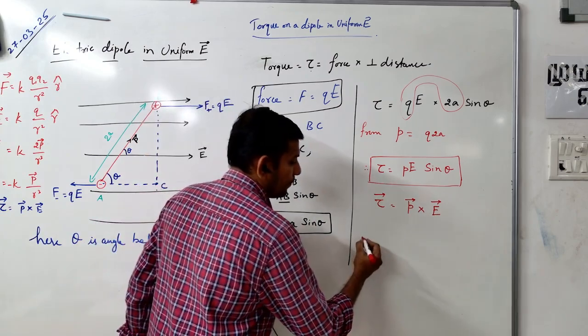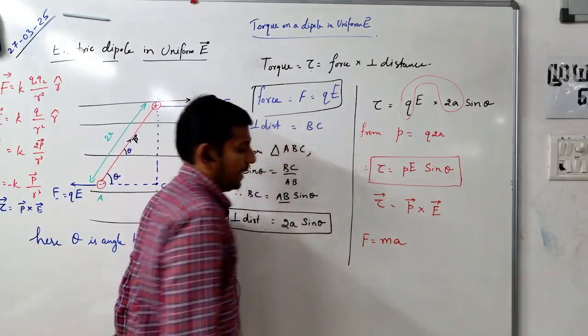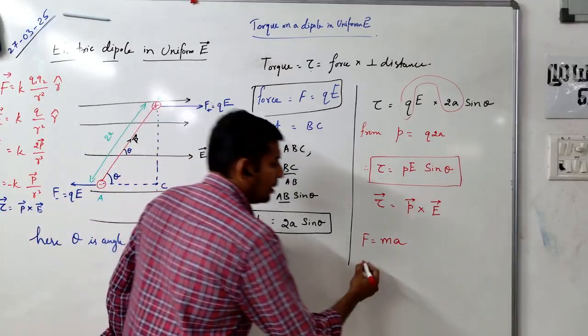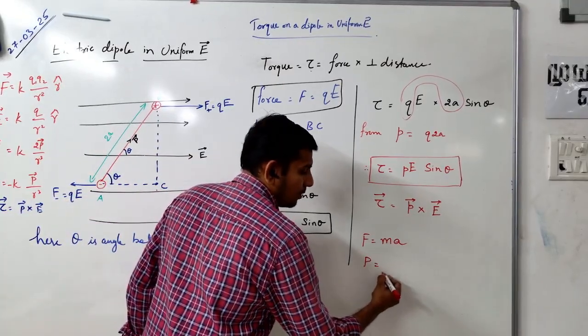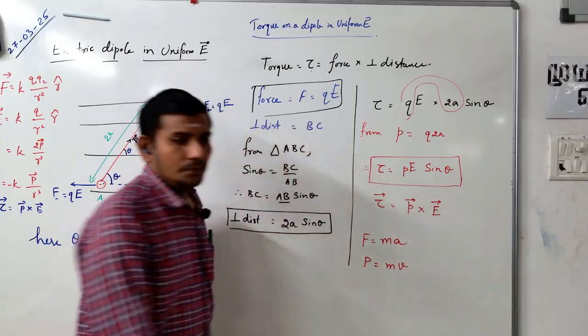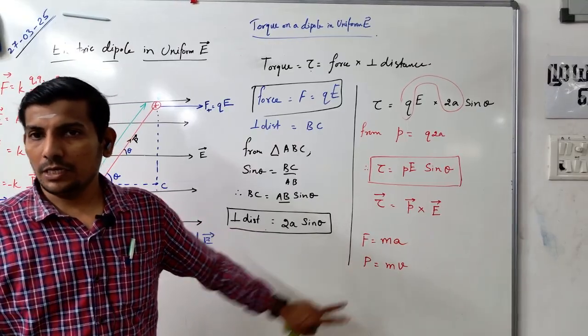See, for example, F is equal to m into a. Or you can say linear momentum p is equal to m into velocity. These two are very dominantly known vector quantities.